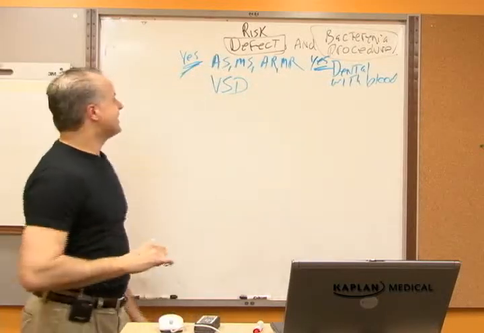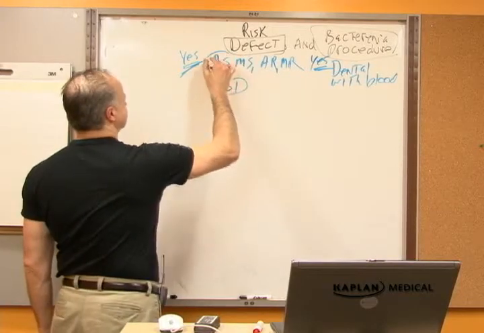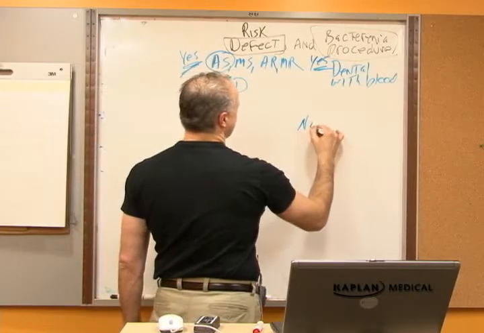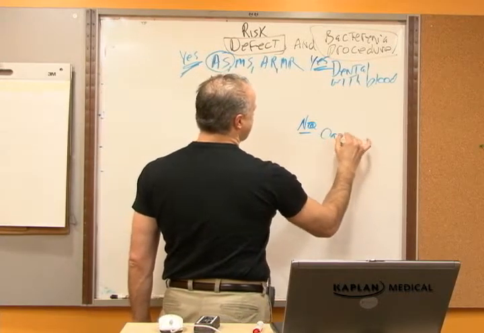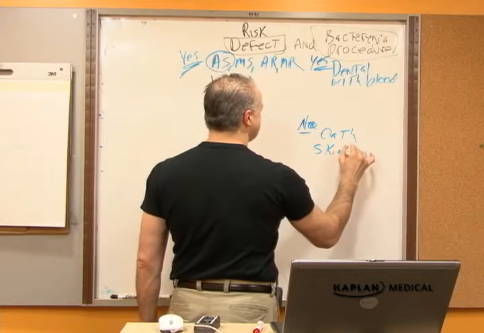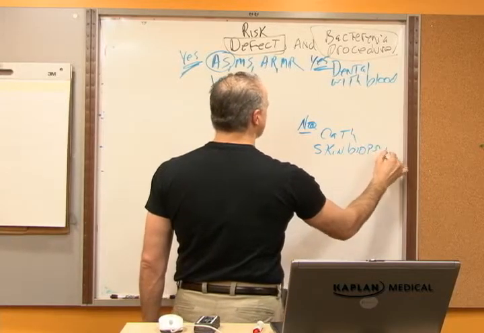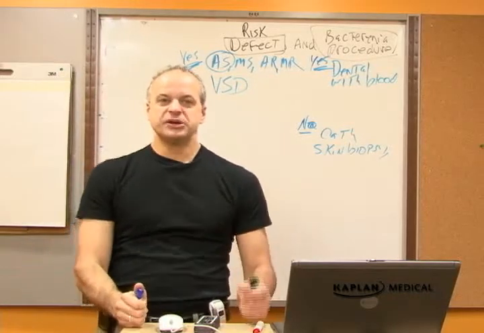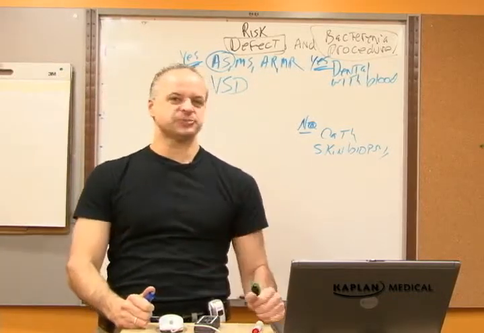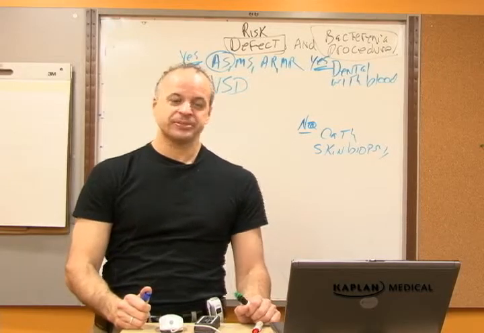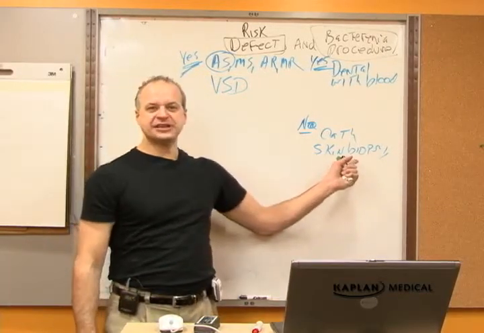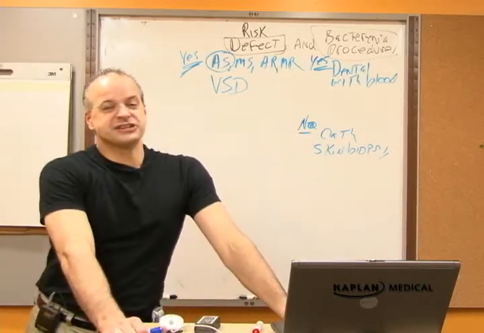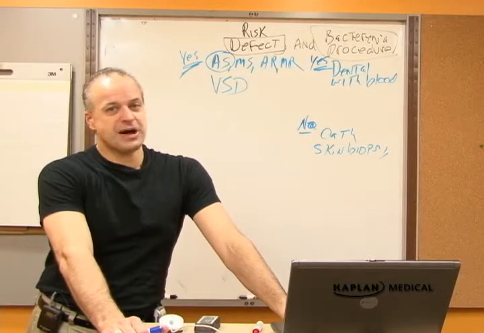For instance, if you have a significant defect like aortic stenosis, but the procedure you're undergoing is only a cardiac catheterization or a skin biopsy, these would not count as a reason to get endocarditis prophylaxis. A cardiac catheterization and a skin biopsy do not shower the body with bacteria.